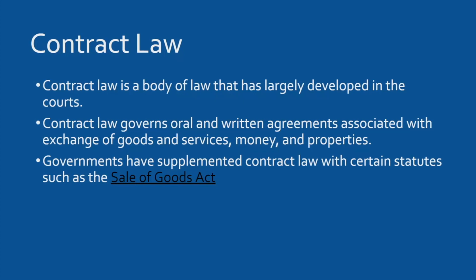So it's a body of law that largely developed in the courts. What we mean by that is that if we talk about stare decisis, the English word for which is precedent, contract law was invented, and the law surrounding it is really a baby of the court system. It's not government that made the law.